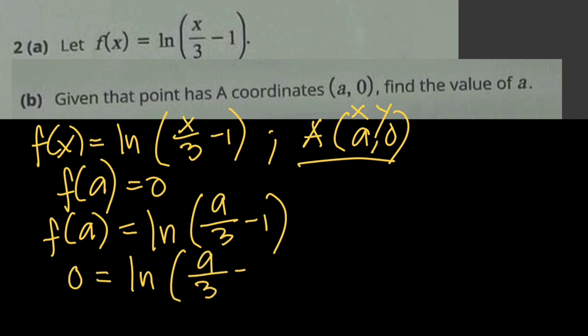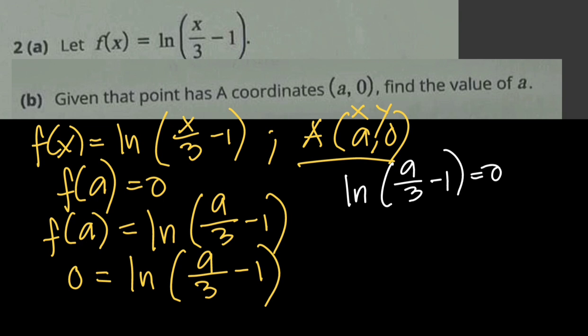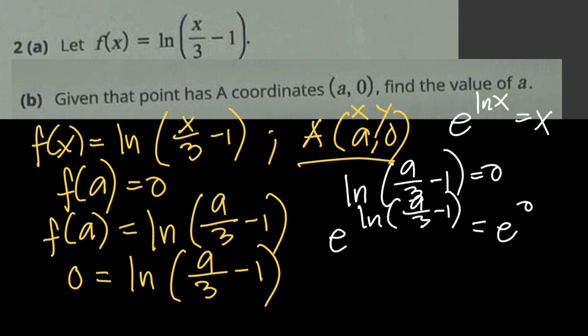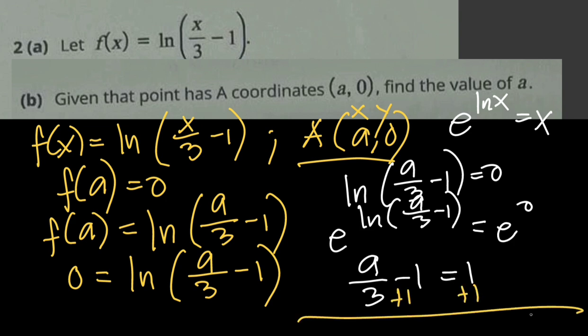Now we can solve for the value of A. So that is ln of A over 3 minus 1 equals 0. And then we use the property of natural logarithm. Let's recall e to the ln of x is equal to x. So we can write this as e to the ln of A over 3 minus 1 equals e to the 0. So this is just A over 3 minus 1 equals 1. And then we add 1 to both sides.